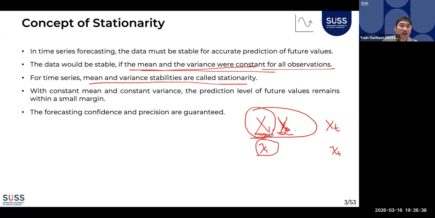So we require the mean and variance to be constant, basically the second moment. And with this stationary requirement, we can ensure that the forecasting confidence and precision will be within an acceptable range.